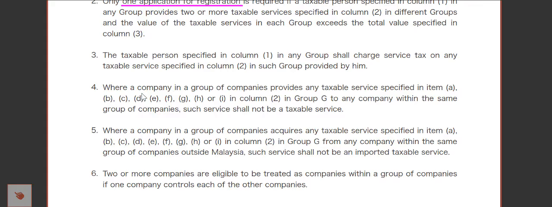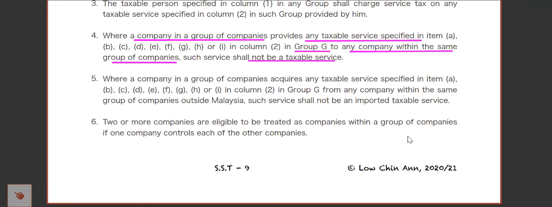Now, it says that where a company in a group of companies provides any taxable service in items A, B, C, D, E, F, G, H, I in group G to any company within the same group, they are not taxable, including if they are imported.